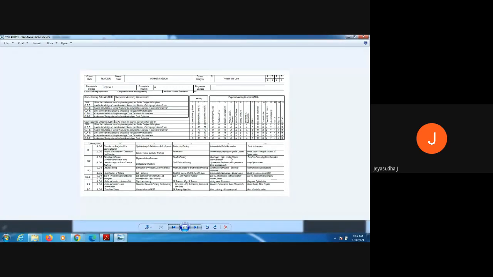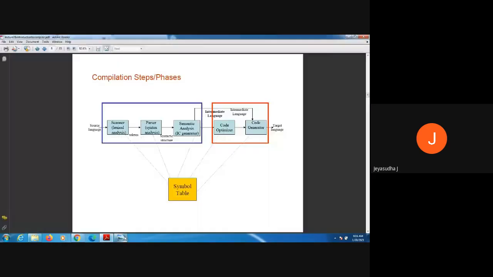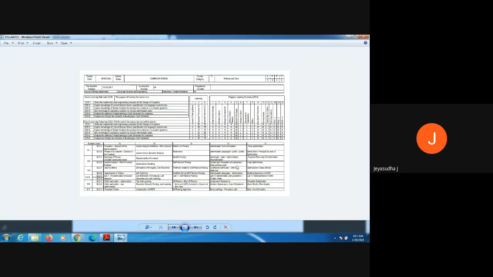While we are learning intermediate code generation, we will be learning the code generation part also. So whatever I have shown in the diagram, you're going to learn everything. In between, I had left intermediate code generation alone; you will be learning it along with the code generator. That will be coming in the fourth unit. And the fifth unit is going to be about code optimization.